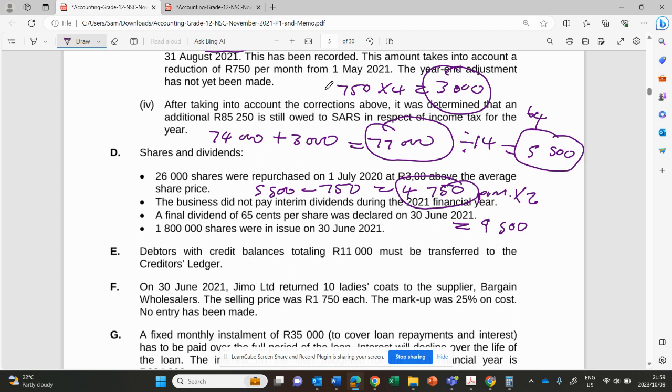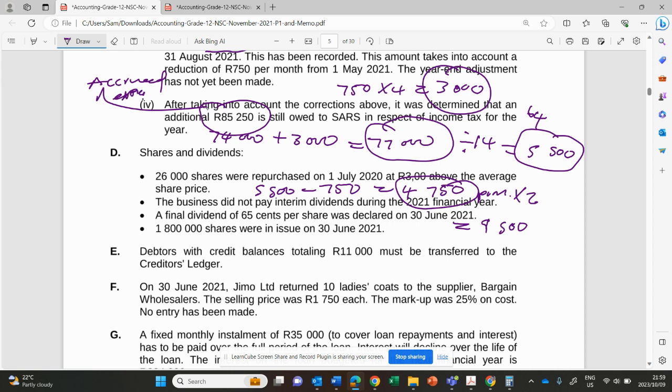After taking into account the correction above, it was determined that an additional 85,000 is still owed to SARS in respect of the income tax. So now this is the additional amount owed. This should be accrued expense.